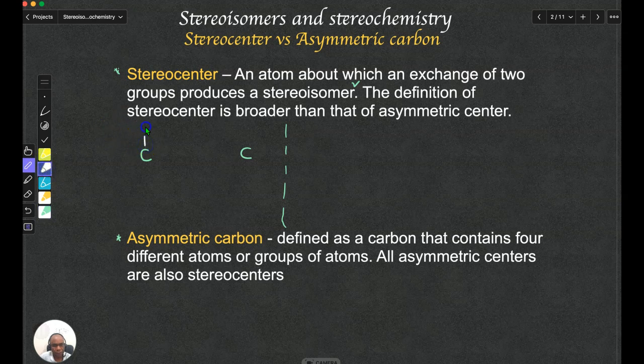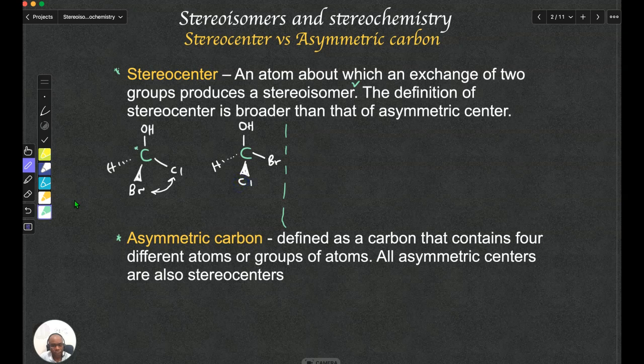I just showed you the case of OH, Cl, H, and Br. So I'm going to interchange groups here. I'm going to exchange these 2. If I exchange that, the molecules we generate are said to be stereoisomers because they differ in orientation of groups in space. So if I put bromine here and I put chlorine here, those are stereoisomers.